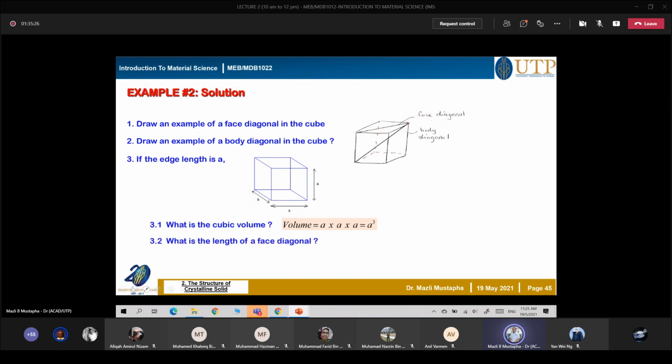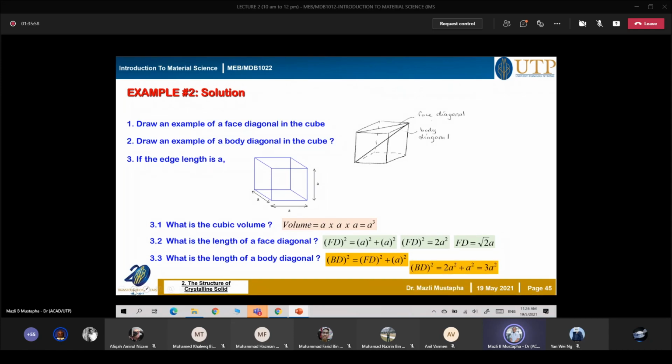A squared plus A squared means that the FD, the face diagonal, is square root of 2 A. And for the body diagonal, it is the face diagonal squared plus A squared.